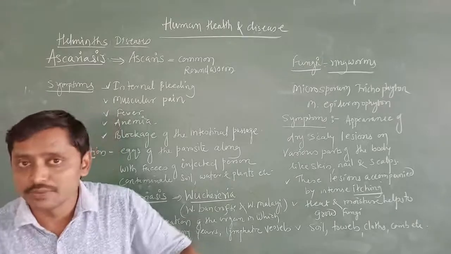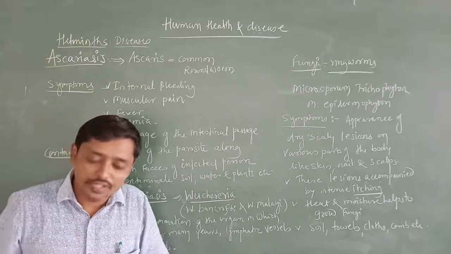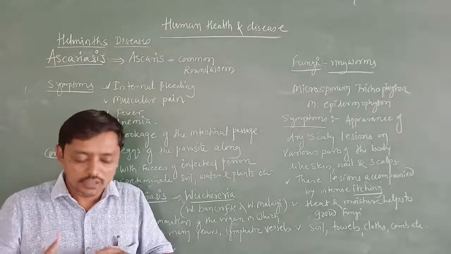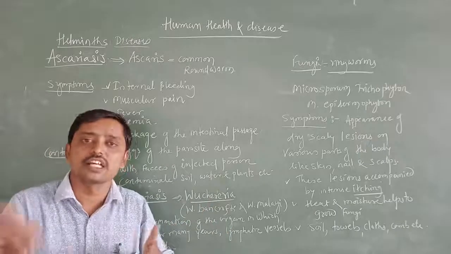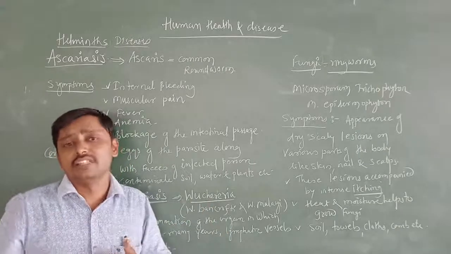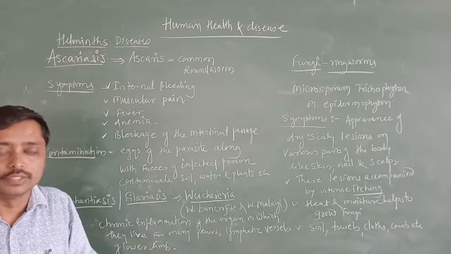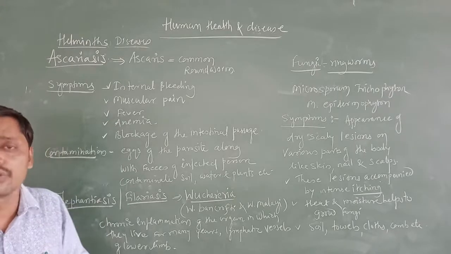Elephantiasis also is transmitted by the female Anopheles mosquito. So these are all the things we are studying: the pathogen, the vectors, the symptoms, and how we are going to diagnose and prevent.